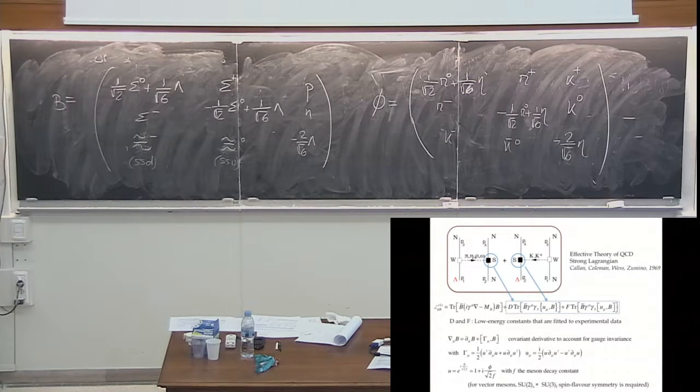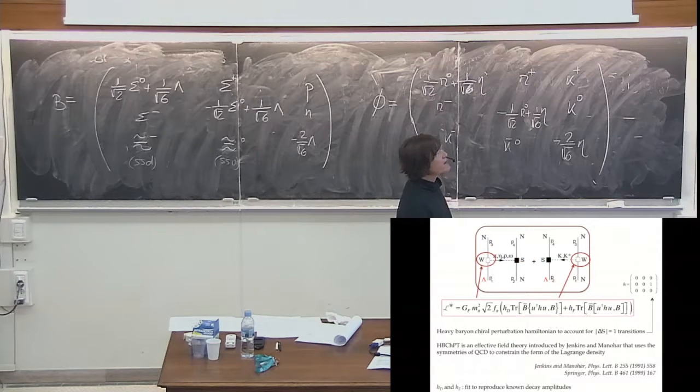You can code these matrices, you can code these terms here, and get all the couplings at once. Then you see which ones depend only on D, which ones depend only on F, and which depend on the combination.